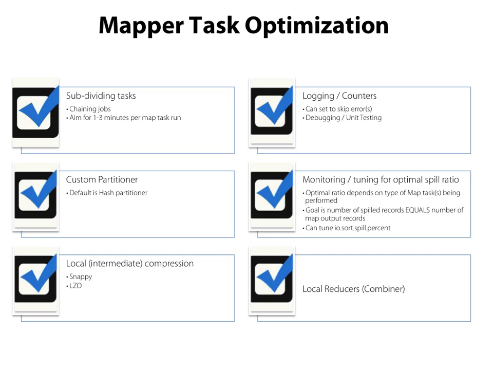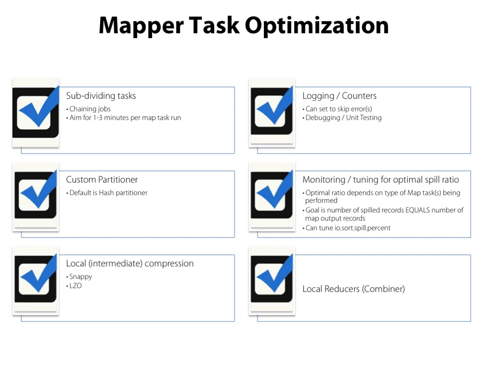I did talk about compression as an optimization technique. In addition to compressing the input files, you can also implement intermediate compression with the various formats so that there is less traffic going across the network when the intermediate key value pairs are sent to the reducers for ultimate aggregation.